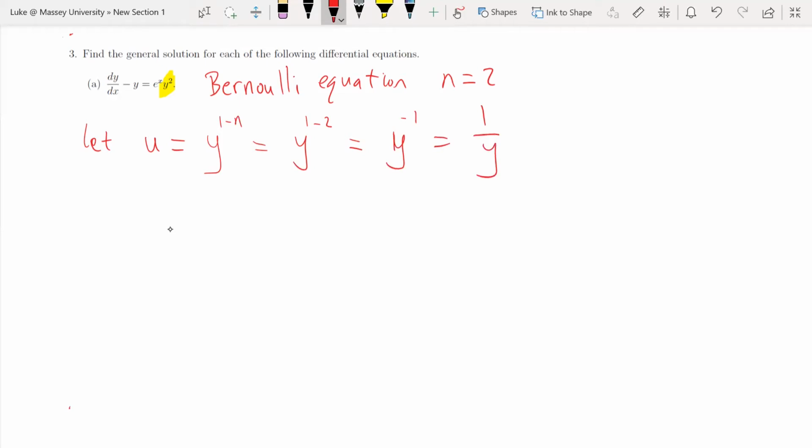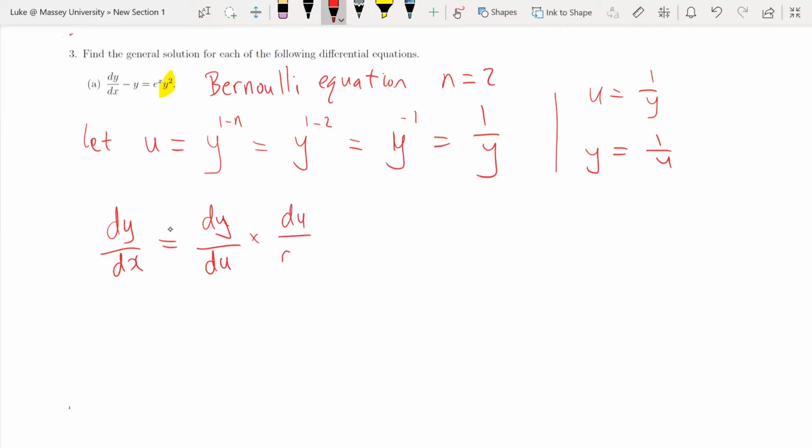Okay, so you could say u equals 1 over y, or equivalently you could say y is equal to 1 over u. Using the chain rule, we can write dy by dx as dy by du multiplied by du by dx.